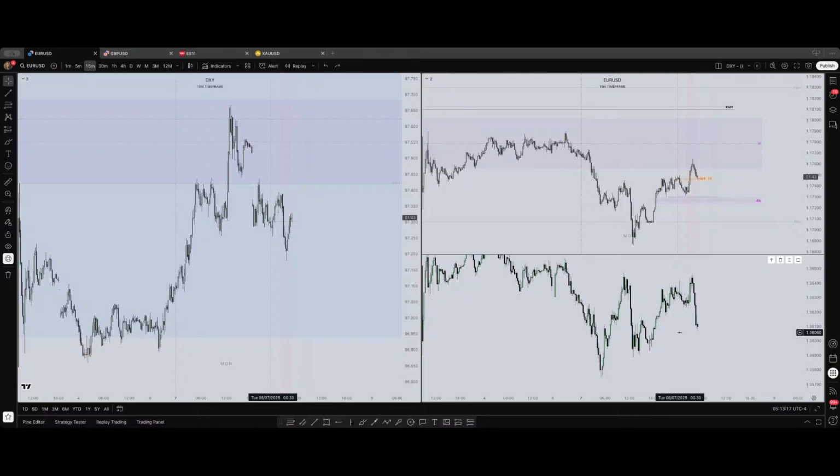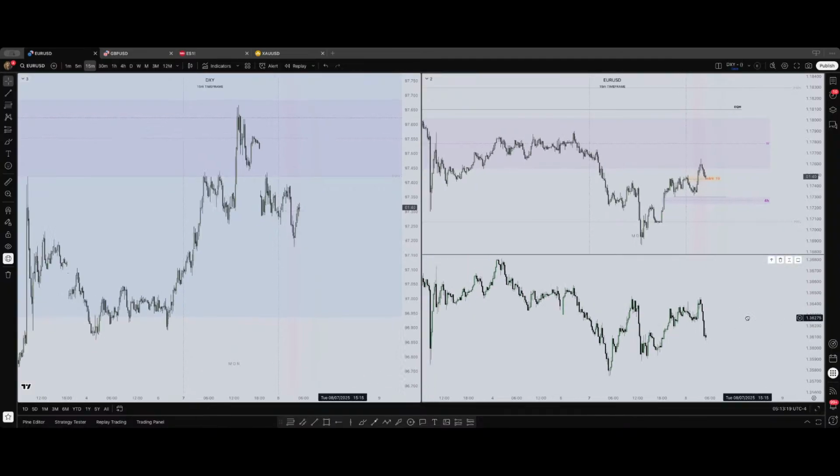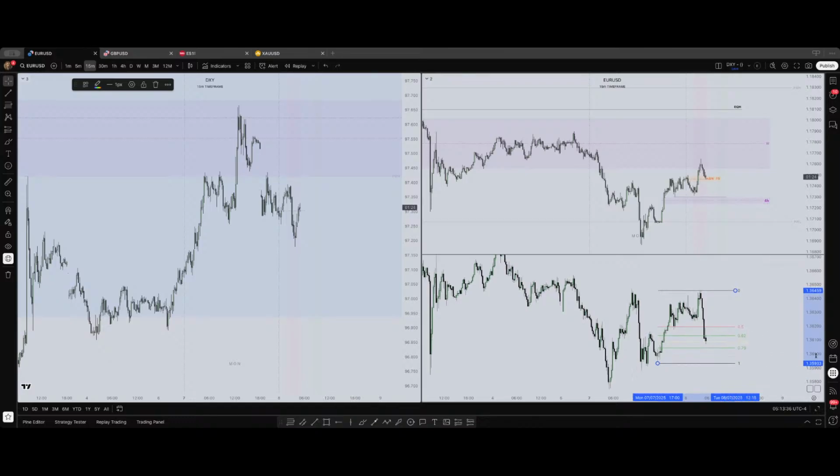And in these cases, for me it's manipulation, just to make you think it will go lower and lower, but it's just taking liquidity, visiting the optimal trade entry, the discount area of the range.